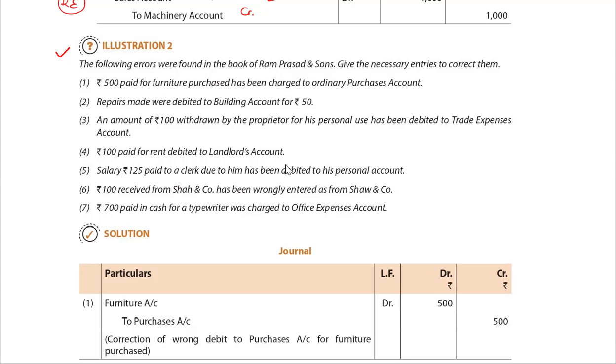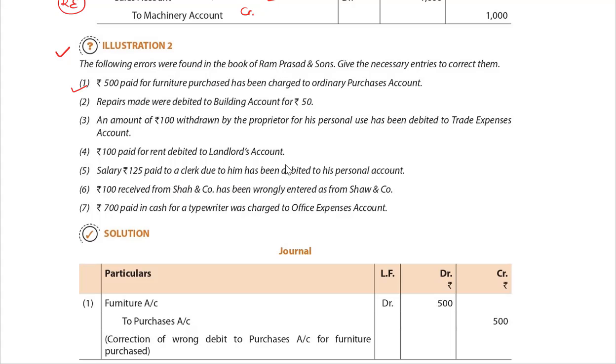Number 1. Rupee 500 paid for furniture purchased has been charged to ordinary purchases account. How will we rectify that?